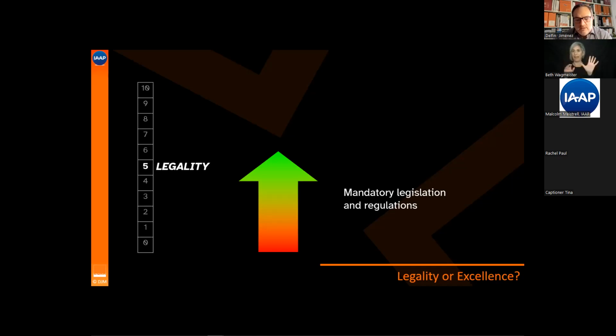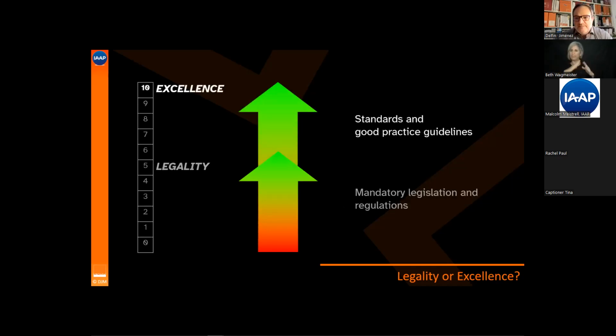It's the minimum, but there are other documents. How about going for excellence? For excellence, at the top of the scale, we have standards and guides, good practice, guidelines, and then it's important to differentiate these two types of documents when we talk about standards and regulations. It's legality or excellence: go in the minimum, legal, or at the top.